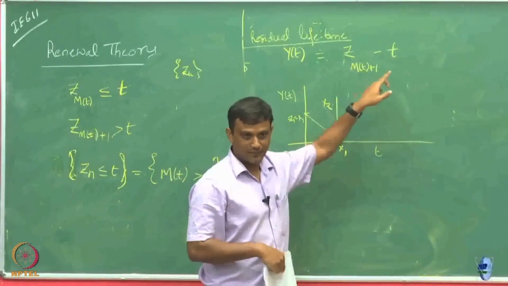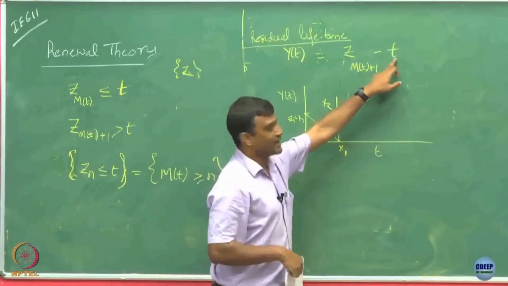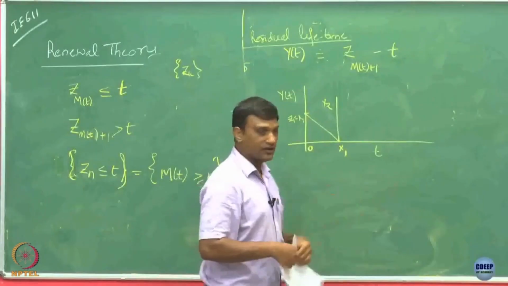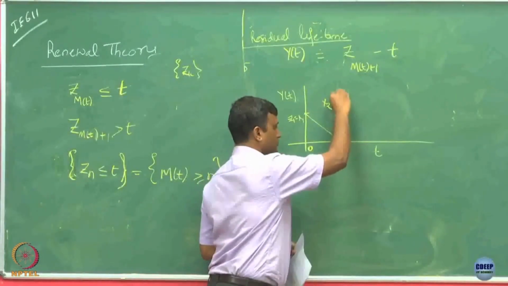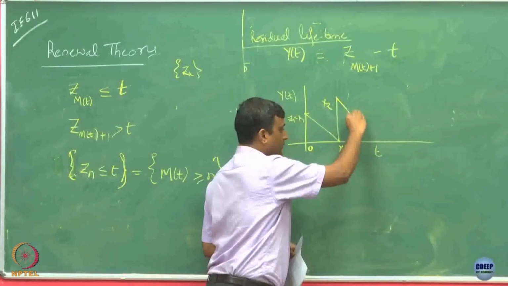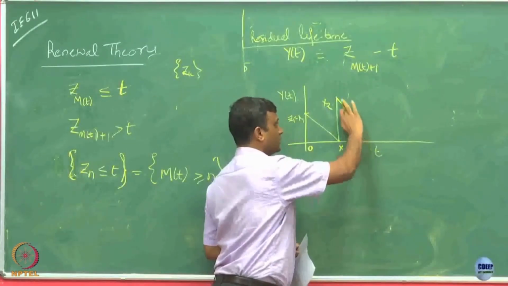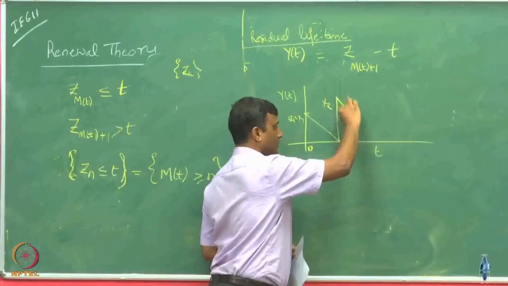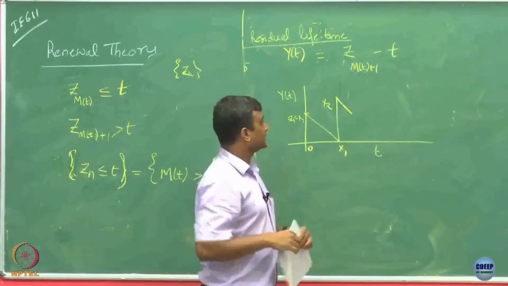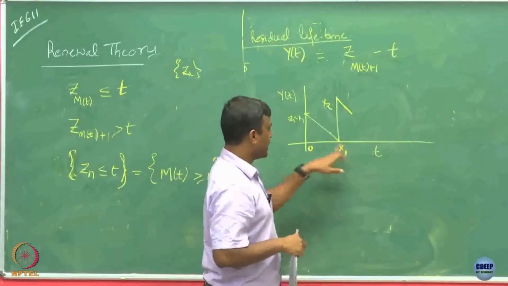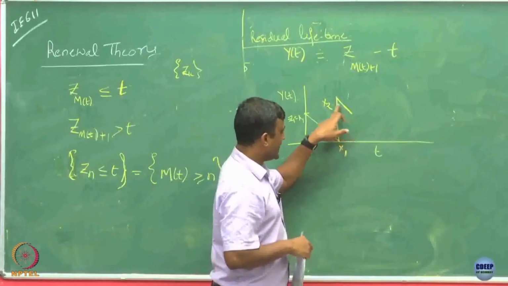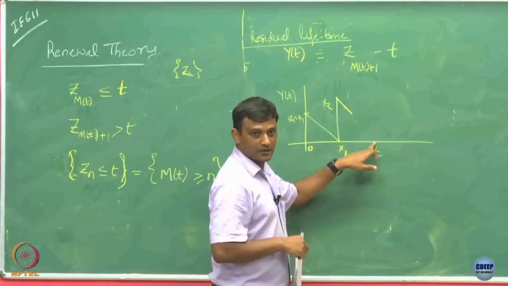It remains at 1 till some point, but t is continuing to increase, so it is going to pull it down, all the way to 0. Till this point, this is already X1. Now let us say I take it up to X2 here.